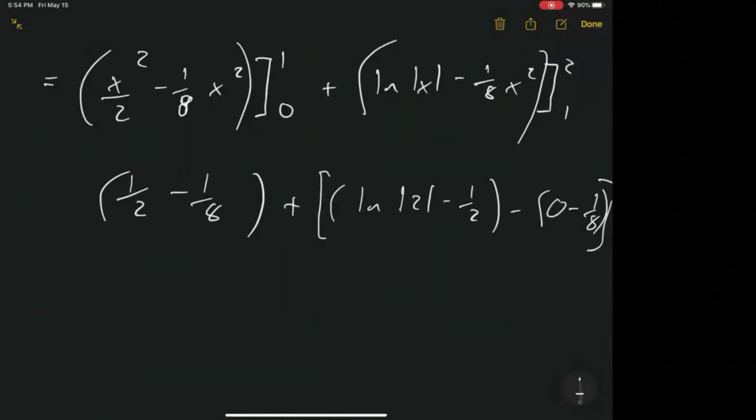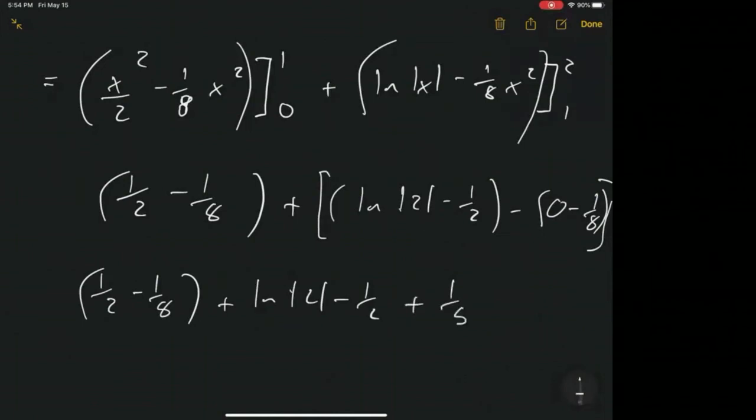Simplifying this, let's see, I have 1/2 minus 1/8 plus ln of 2 minus 1/2 plus 1/8.